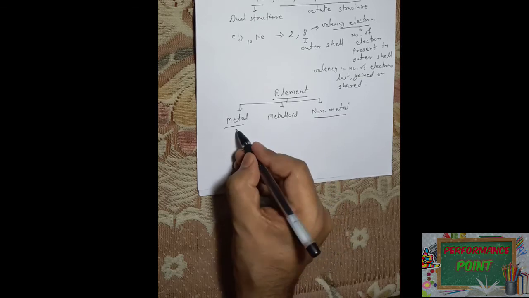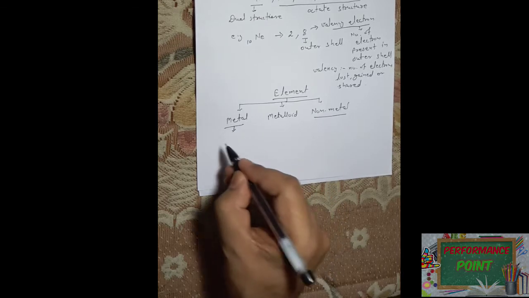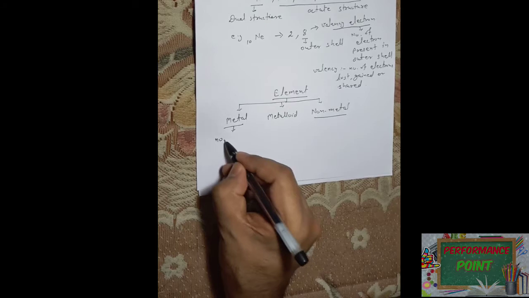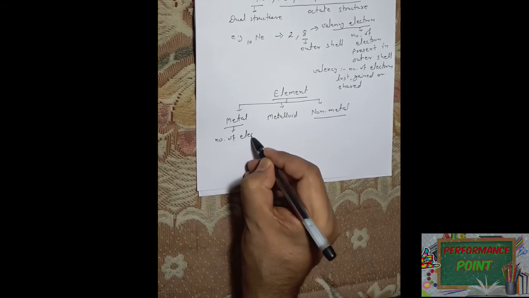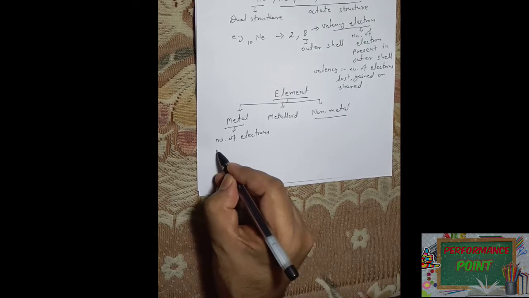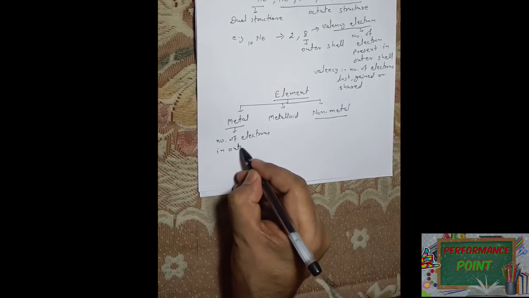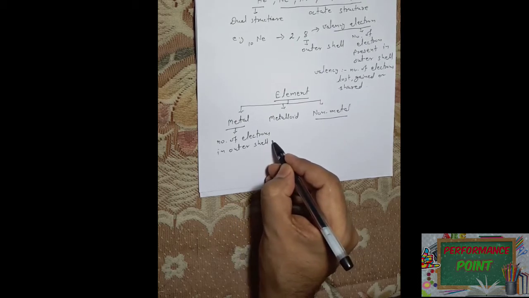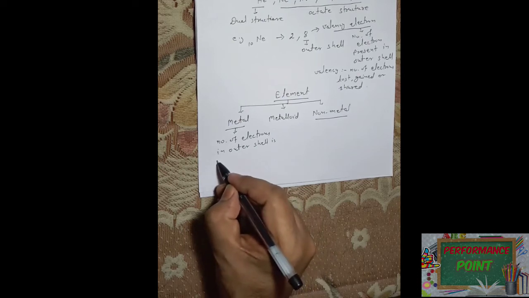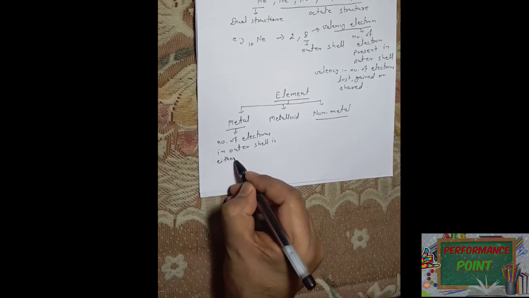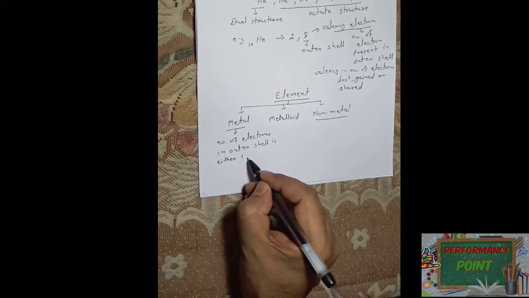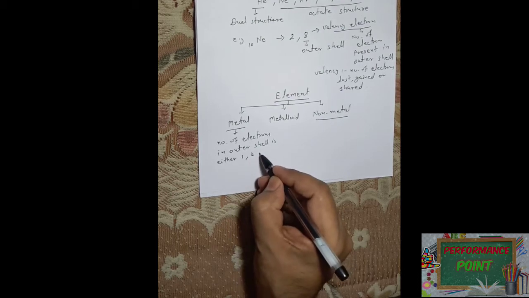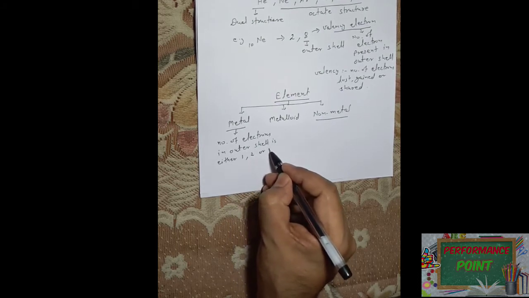So whenever we discuss metals, the number of electrons in the outer shell is either 1 or 2 or 3.